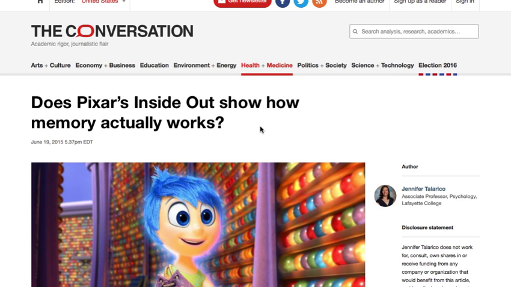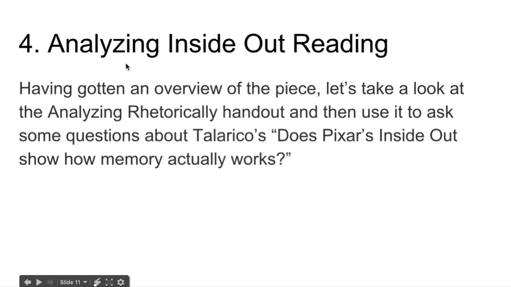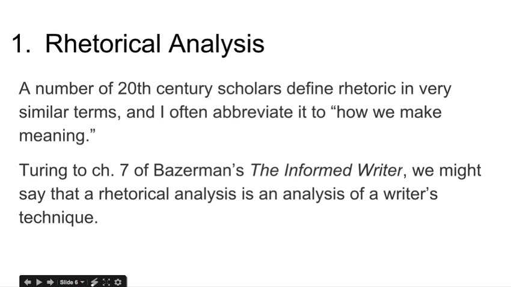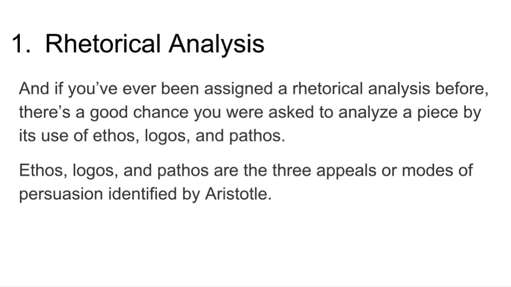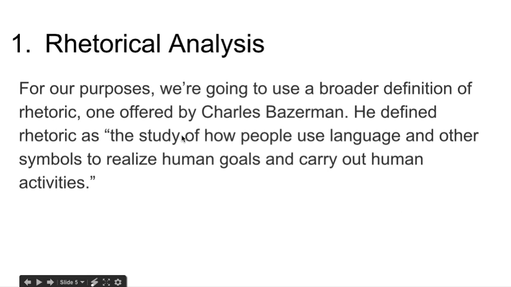If we get back to the idea of purpose, what is the purpose of this piece? What is the author trying to do? Because we think of rhetoric as the study of how people use language and other symbols to realize human goals and carry out human activities. So we want to say, what is the goal of this piece?